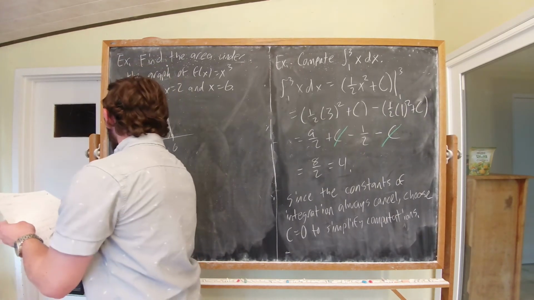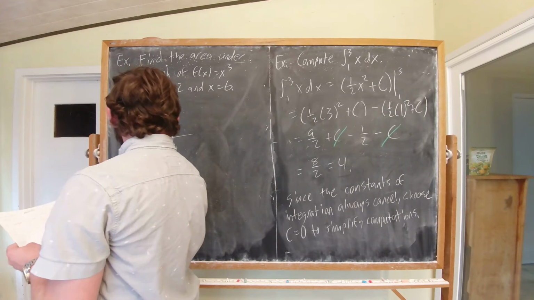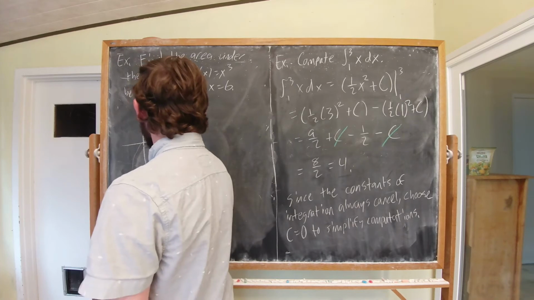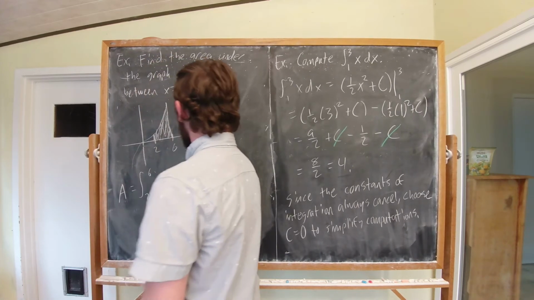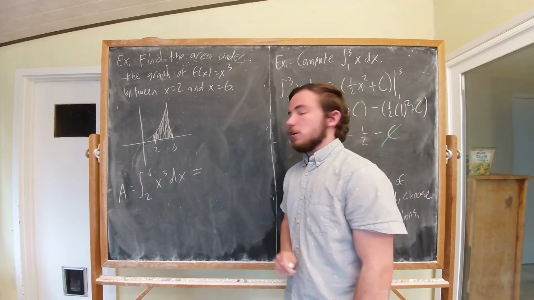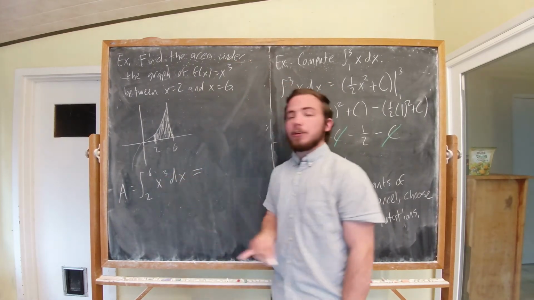So we say this will be the integral from 2 to 6 of x cubed dx. The fundamental theorem of calculus says this is any antiderivative of x cubed.